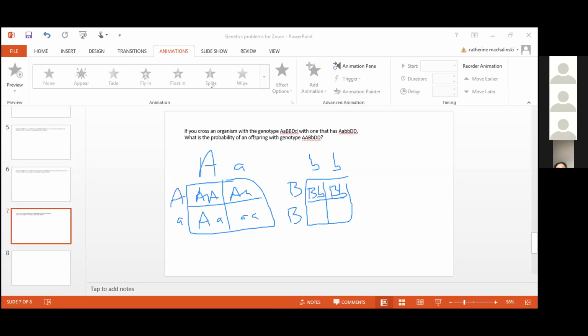If one parent is big B, they're always going to pass on a big B. And if the other parent's little b, they're always going to pass on a little b. So there's no choice. All of the offspring will be big B, little b. So now let's look at the D trait. We have big D from the first parent. And we have big D from the second parent.